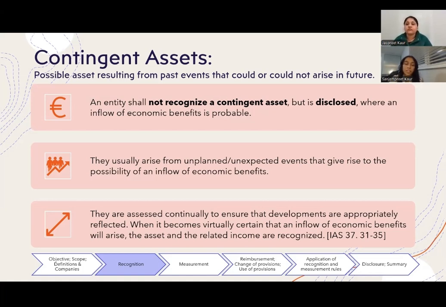Again, as with contingent liabilities, these are measured continuously, and if the chance of us getting an inflow of resources through this contingent asset becomes virtually certain, so when the company is very sure that they will get those economic inflows, we record the contingent asset as revenue.